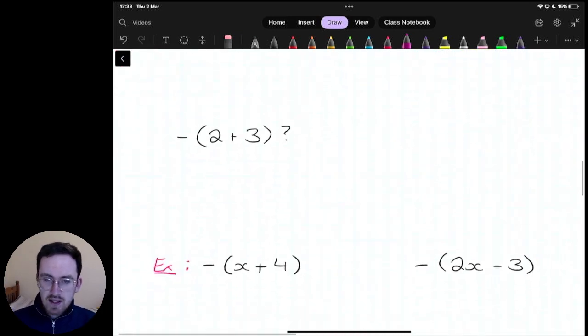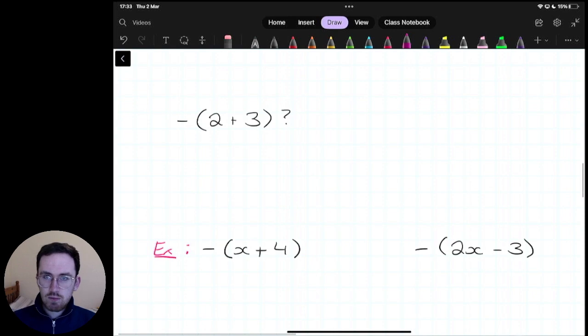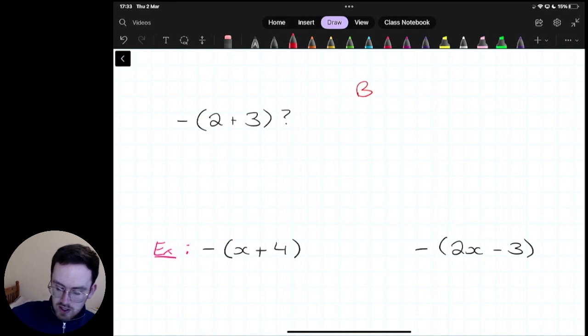So looking a little bit further then, okay, we're trying to push this on ever so slightly as well. And if you need to at any point, you can stop the video, you can go do some of the questions and you can come back. You don't have to follow the video the whole way through. But if we're looking at a question like this, okay, minus and then 2 plus 3. So think of our order of operations, our BIRDMAS that we did.